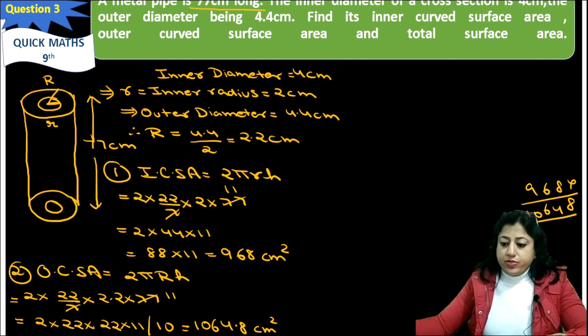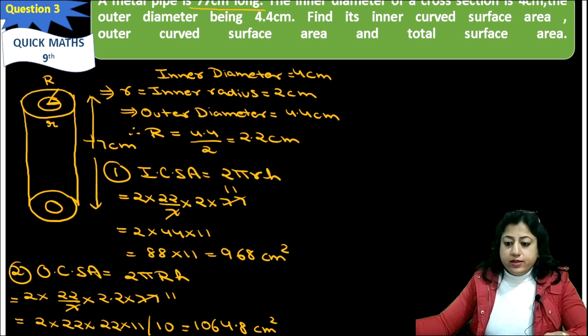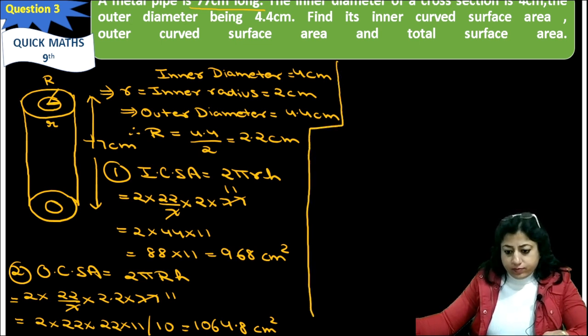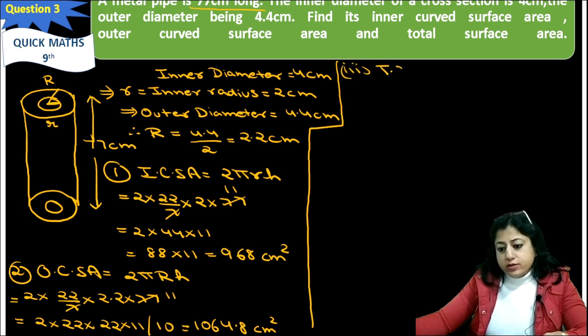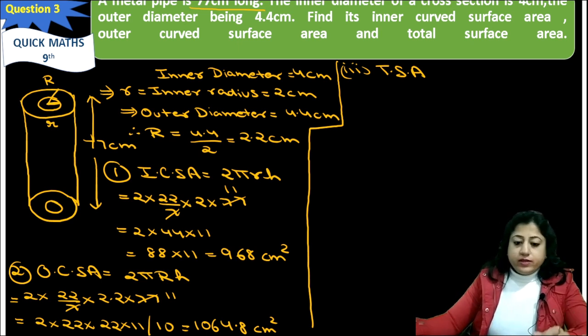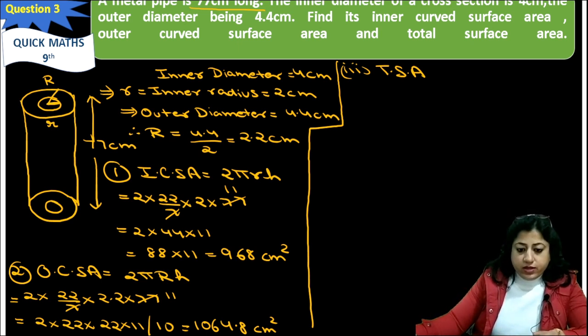Now the third and last part is total surface area. For this we have to clear one thing. In total surface area, this is the curved surface area. For total we have to consider the top as well as bottom.